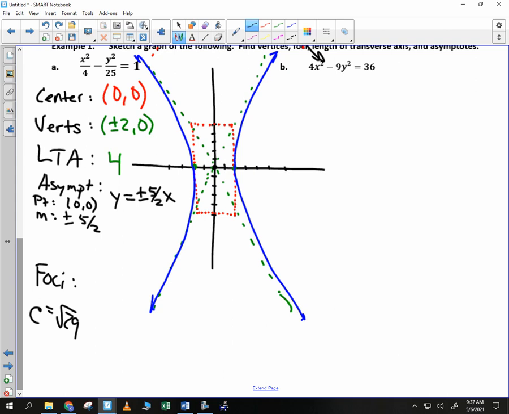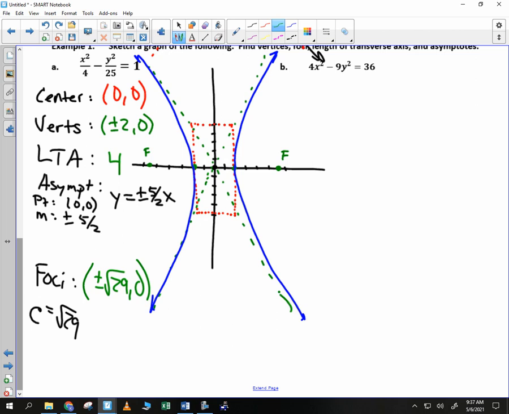We'll go with 6. Put a point there and a point there. So that's my foci. I like to plot them because it reminds me that the x value changes. So the foci location is simply going to be plus or minus the root of 29, 0. I will ask on the test to express it in simplest radical form.